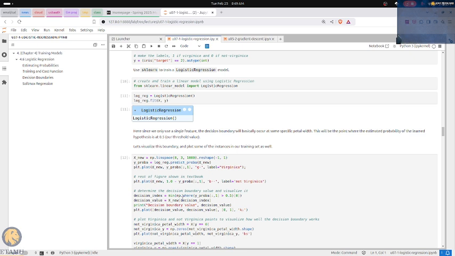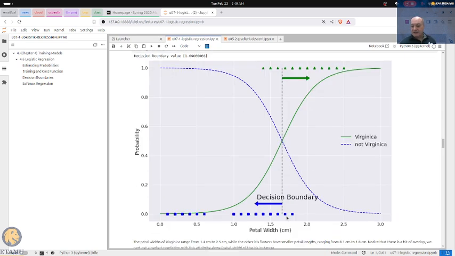So for classification, if you have a single parameter, you end up with just a point, a line below which you're going to predict Virginica, and above which you're going to predict not Virginica. So I guess it's the other way.